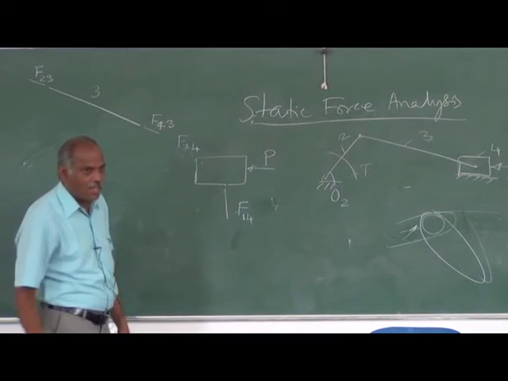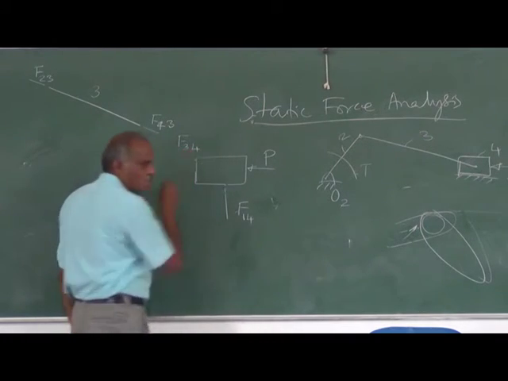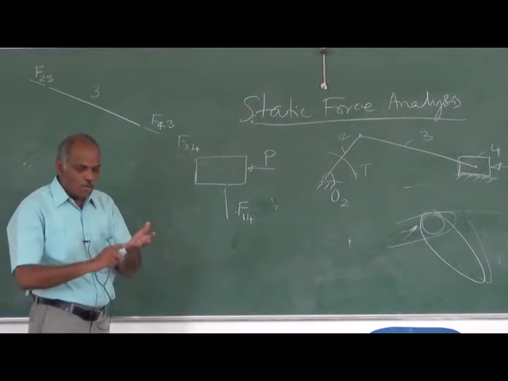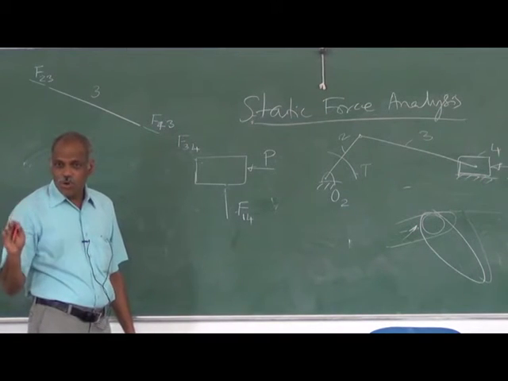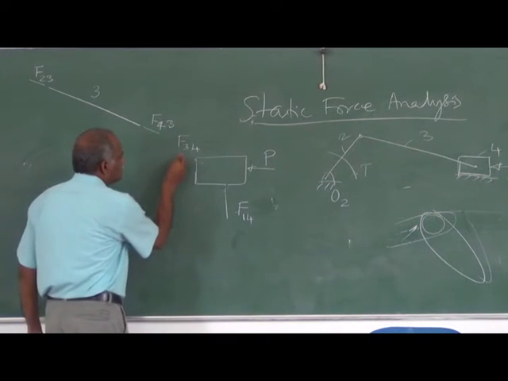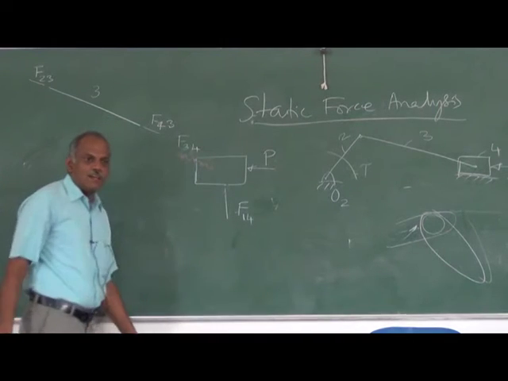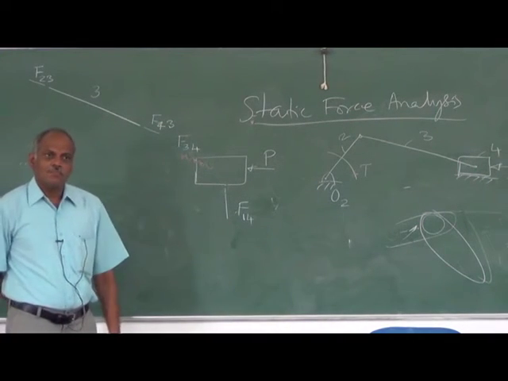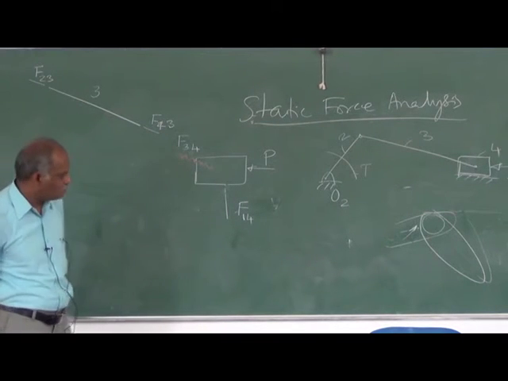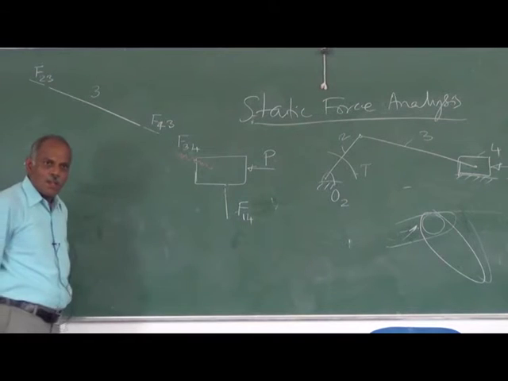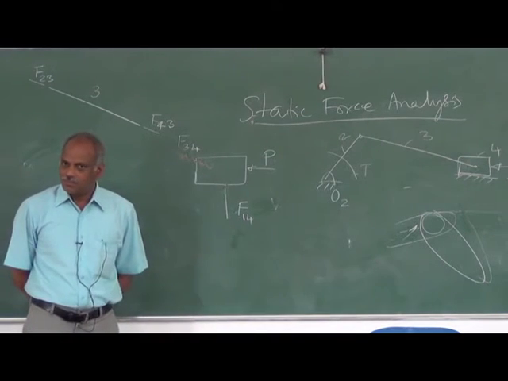Okay. So in that case, for this F34, I do not know the magnitude and direction. So if I don't know the magnitude and direction, put a wavy sign. If I draw the wavy sign, it indicates I do not know both the magnitude and direction of it. Now, how many unknowns are there?